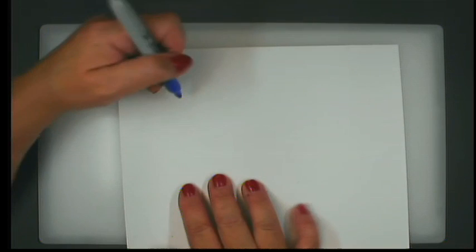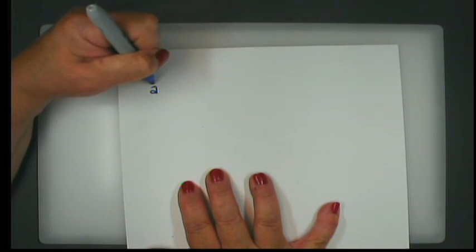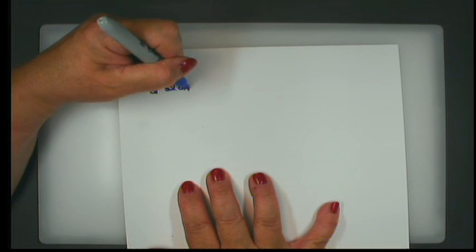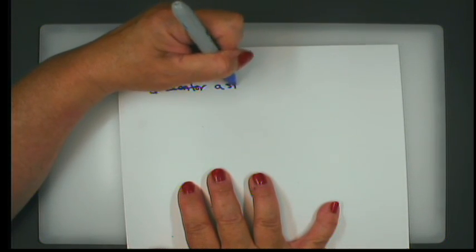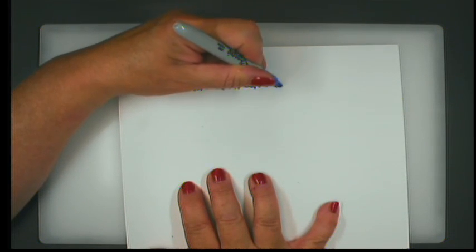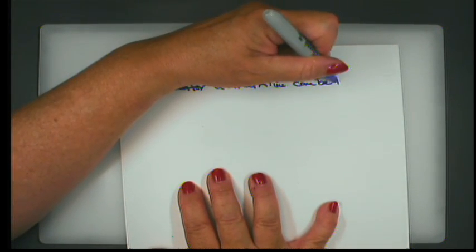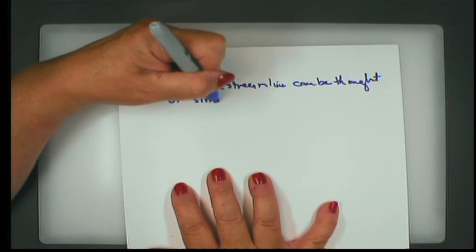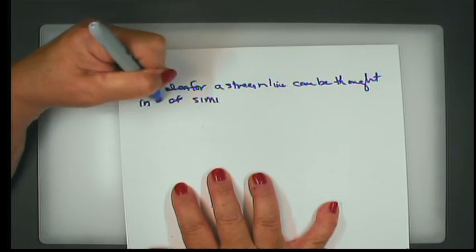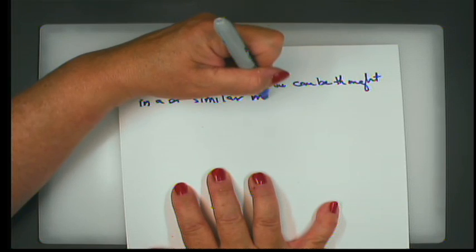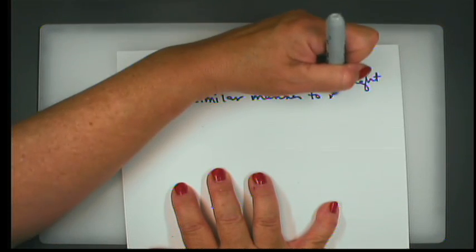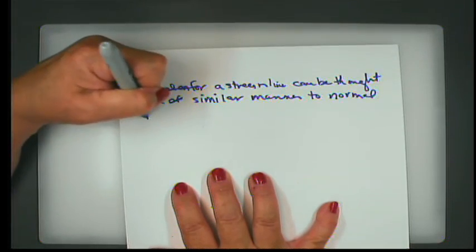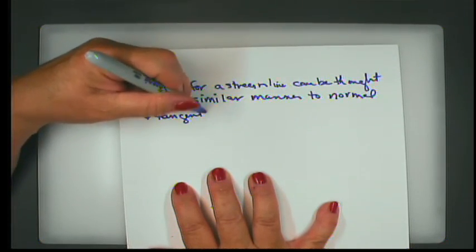And if you remember that a streamline is a line that is everywhere tangent to the velocity field, acceleration along a streamline, or for a streamline, let's put it that way because we're really talking about a field, can be thought of in a similar manner to normal and tangential acceleration.